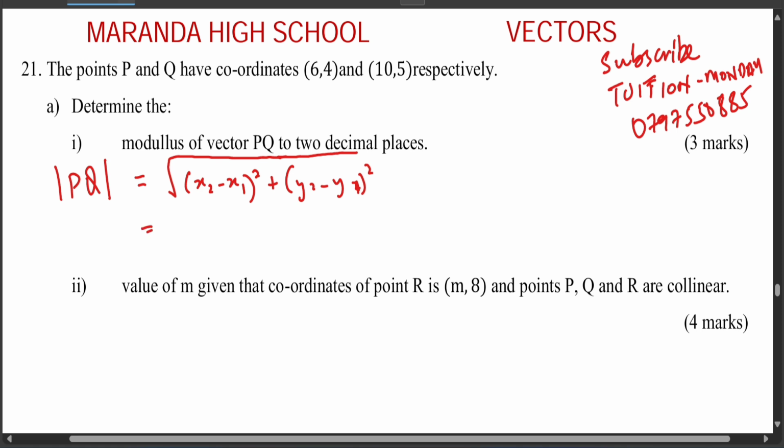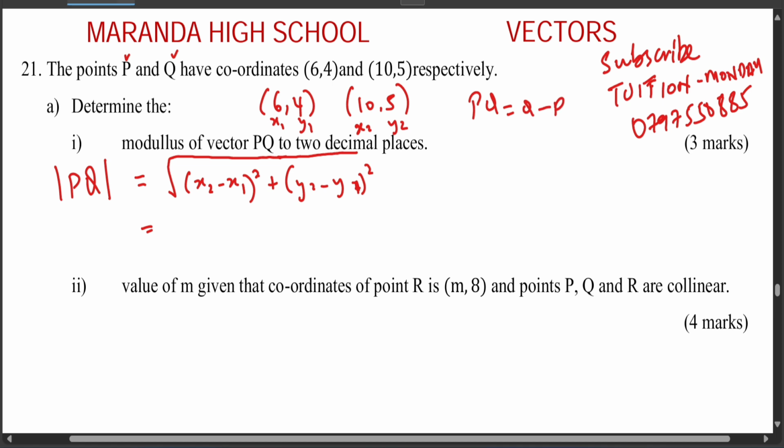So let's say this (6, 4) is our x1, y1, and then we have (10, 5), this is our x2, y2. Because the question is asking for vector PQ, therefore you take Q minus P. Remember, PQ, take Q minus P. That's why the formula is x2 minus x1.